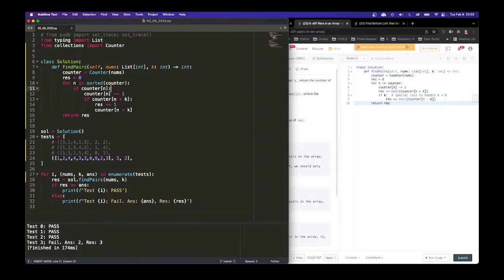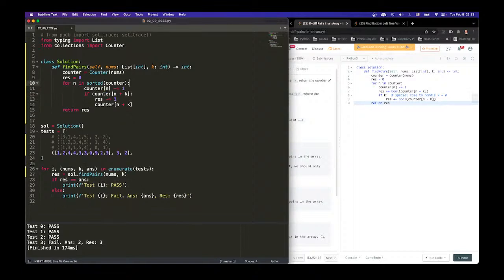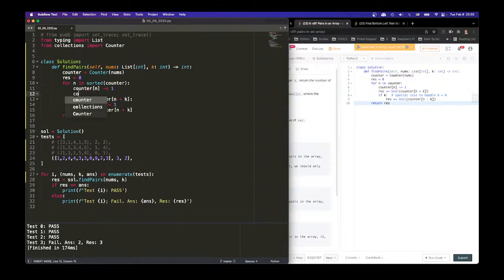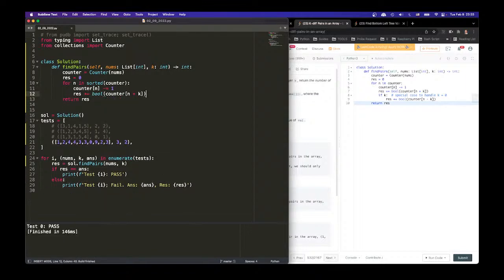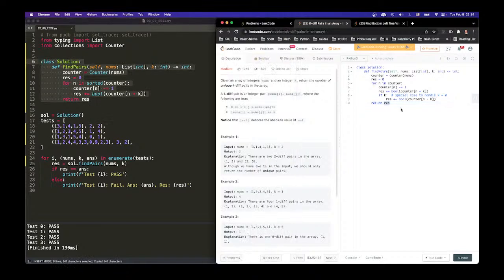And I don't need this because I'm not reducing. So it's this, and then res plus equal to boolean counter n plus k. I always go larger. Yep. So sort is the way to go.